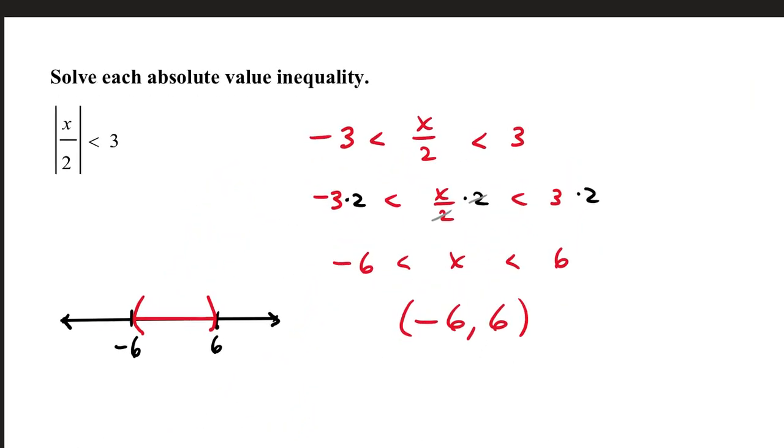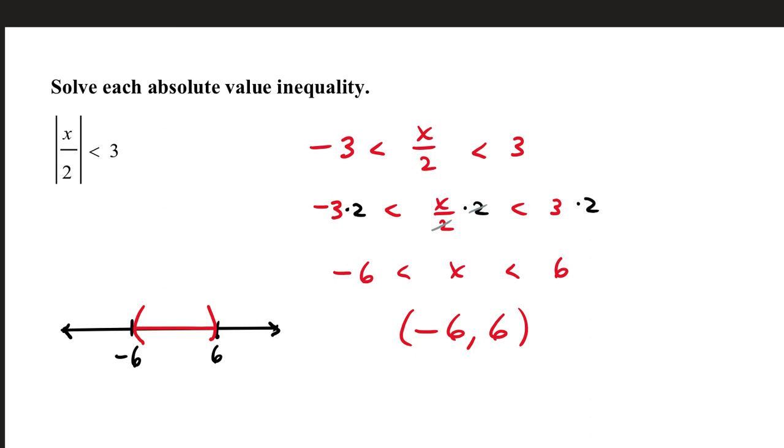All right, so let's look at some fresh examples. The previous two examples were based on the first two examples where we just traded out an equal sign for an inequality. In this example, we have the absolute value of x over 2 less than 3. So x over 2 can only travel a maximum distance of 3 units right or left of 0 on a number line.